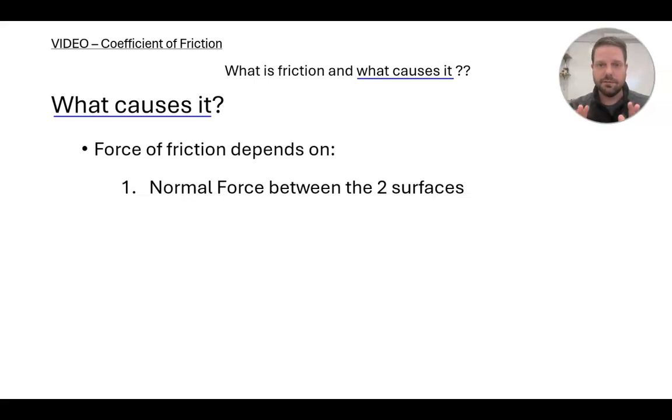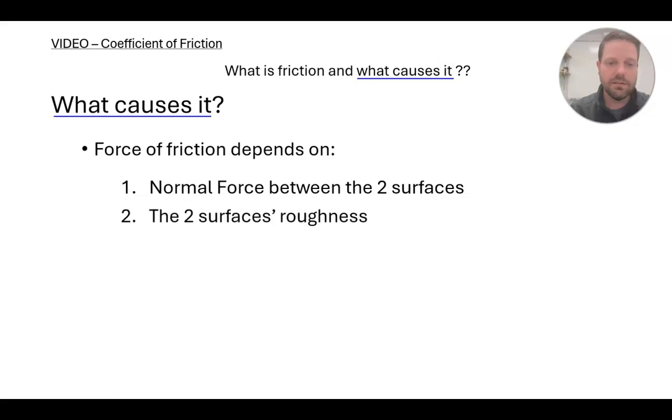If I push something that's sliding along a wall, then it wouldn't matter about the weight of it. It would matter how much I'm pushing that block into the wall. So normal force, being the surface force that pushes perpendicular away, will always be present when you have contact with a surface. So we're going to use normal force to represent how hard those surfaces push into each other.